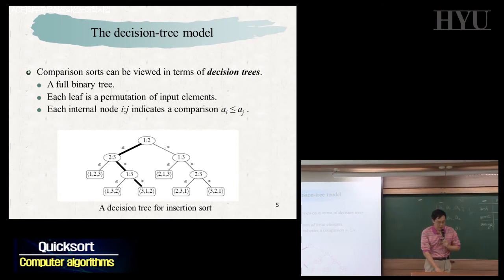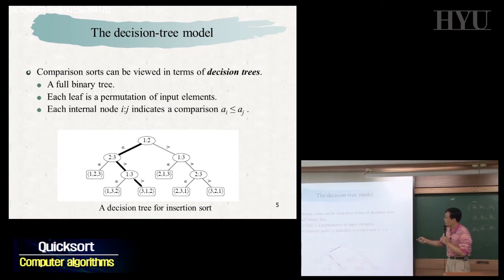And then each internal node i:j indicates a comparison between Ai and Aj. So this one is a comparison between A1 and A2.